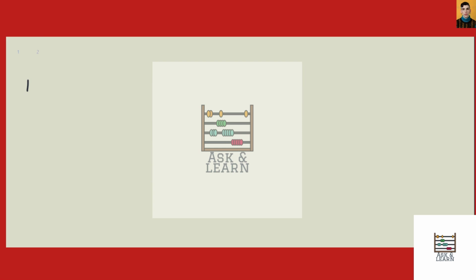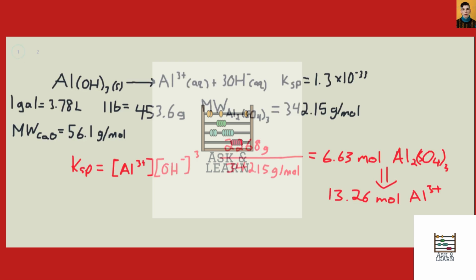So 13.26 moles. And now we have 2,000 gallons of water. 1 gallon is equal to 3.78 liters.